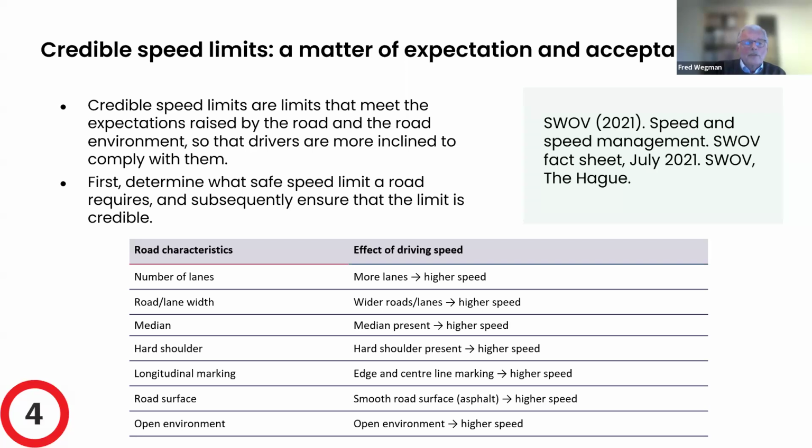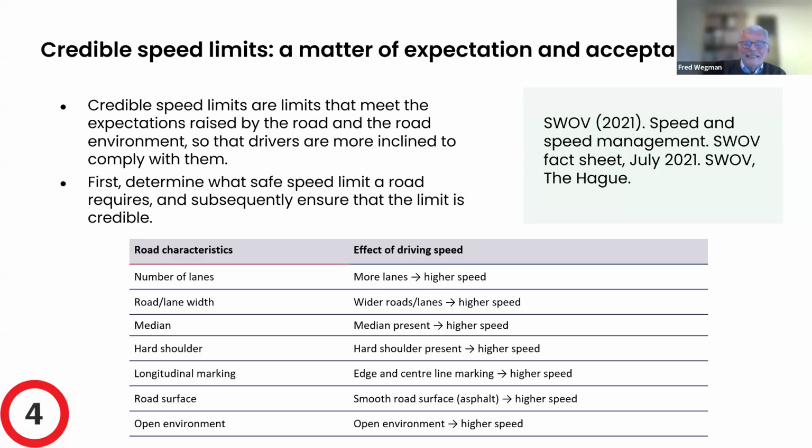I talked about safe speed limits, safe speeds, but they have to be credible as well. And credible is a matter of expectation by the road user, that they understand that a certain limit is appropriate for a certain environment. If you make that expectation realistic, then you increase the chance of accepting the speed limits.